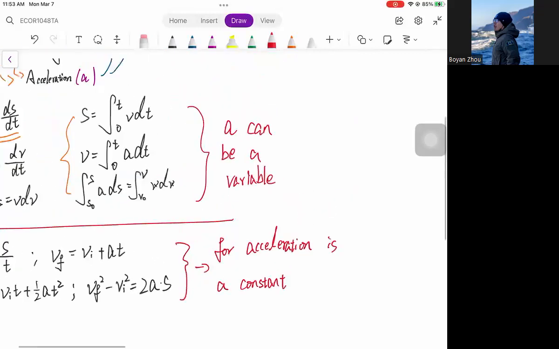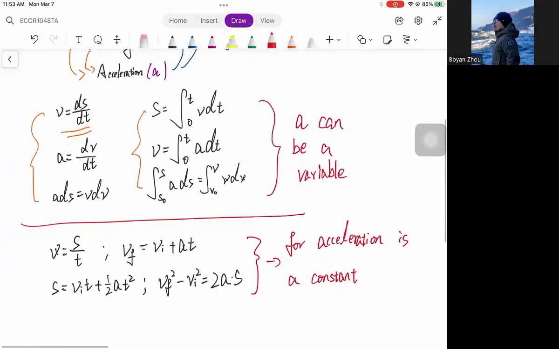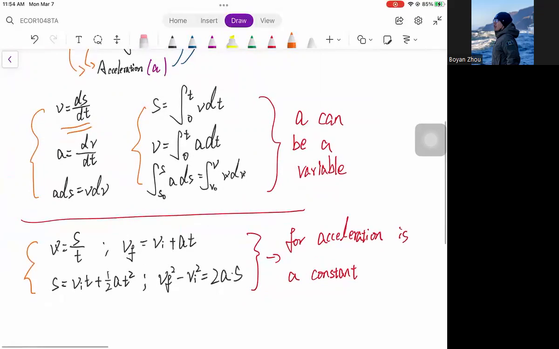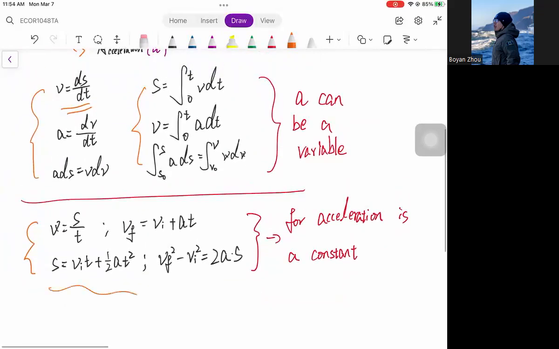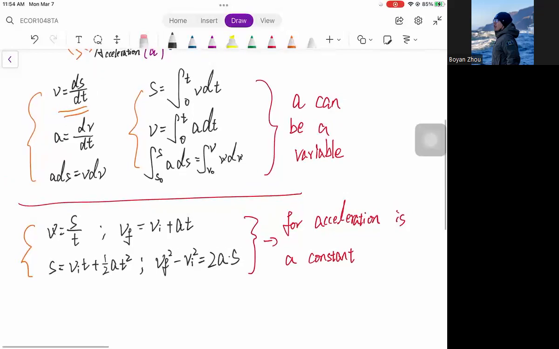Okay, so we have the formulas we're gonna use, and now every time you have a question, you wanna see if the acceleration is a constant or not. If the acceleration is a constant, maybe you can just use those equations from high school. It's gonna be easier to solve the problem.